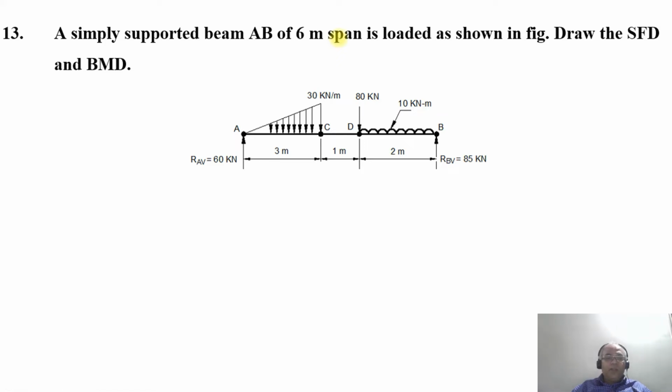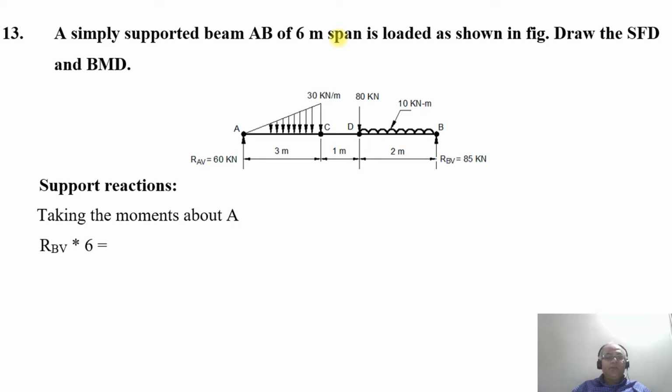So to find the support reactions, taking moments about point A, the clockwise couple will be equal to the anticlockwise couple. So RBV into 6 will be equal to the following.